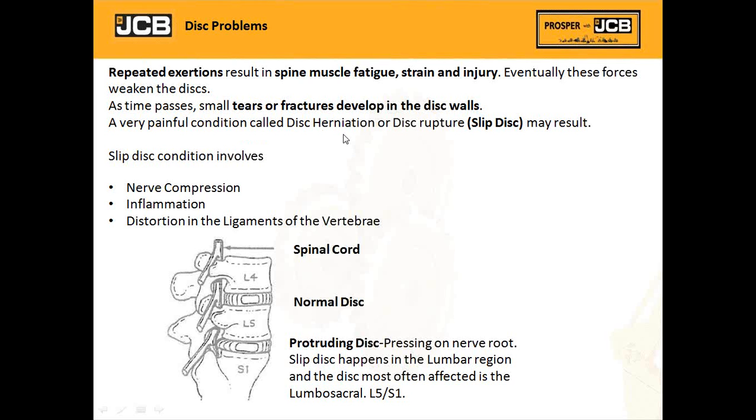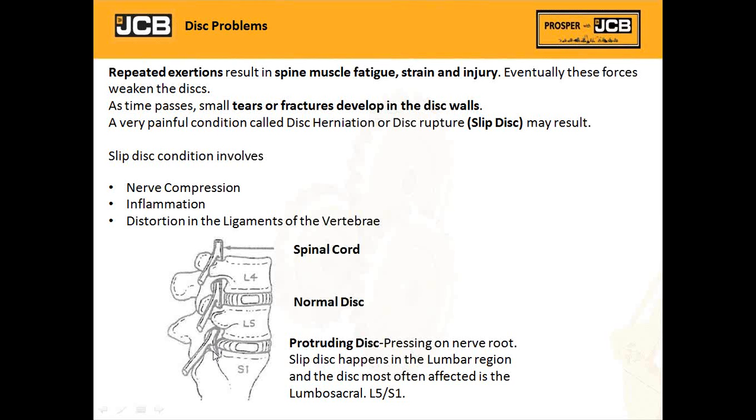But owing to the repetitive exertions on the spine muscle, and because of the fatigue and the strain, this particular muscle gets ruptured from here, and the disc comes out. It protrudes from the vertebrae, and it starts touching this spinal cord.